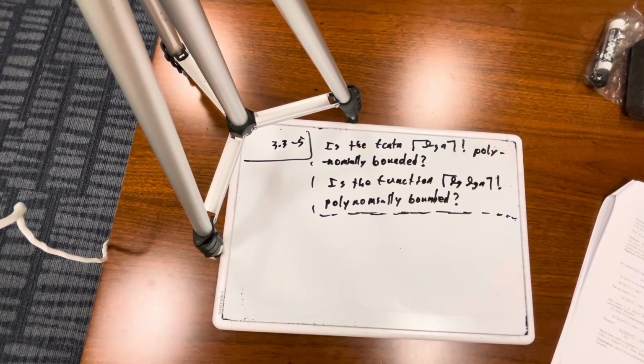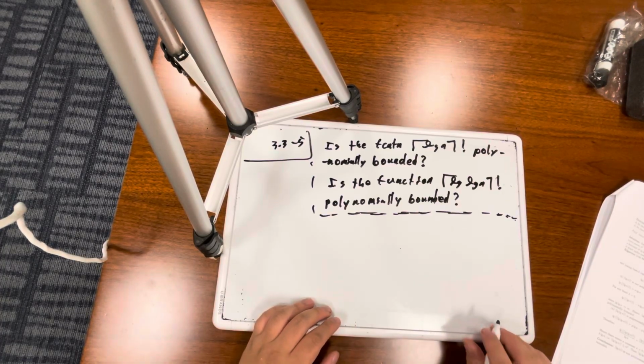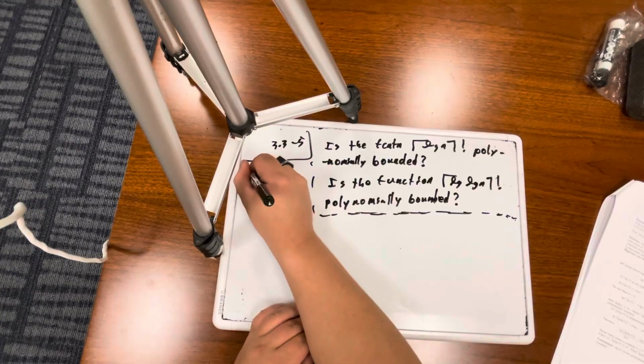Now let's look at this in reference to Stirling's approximation. That's pretty key here.